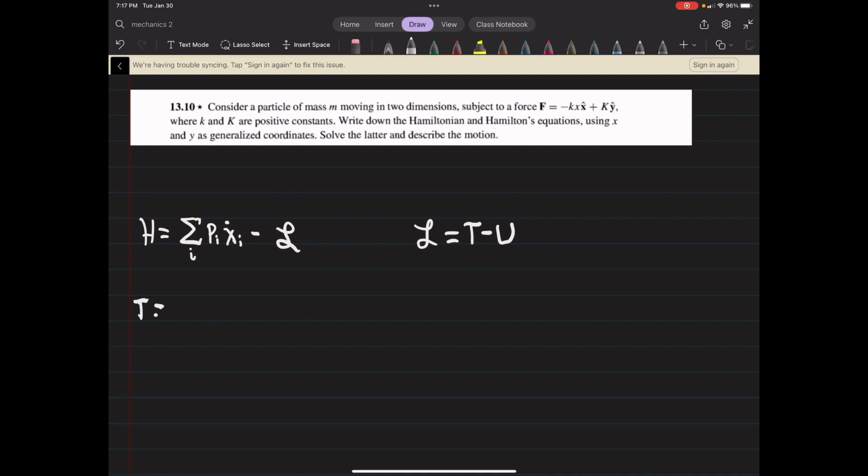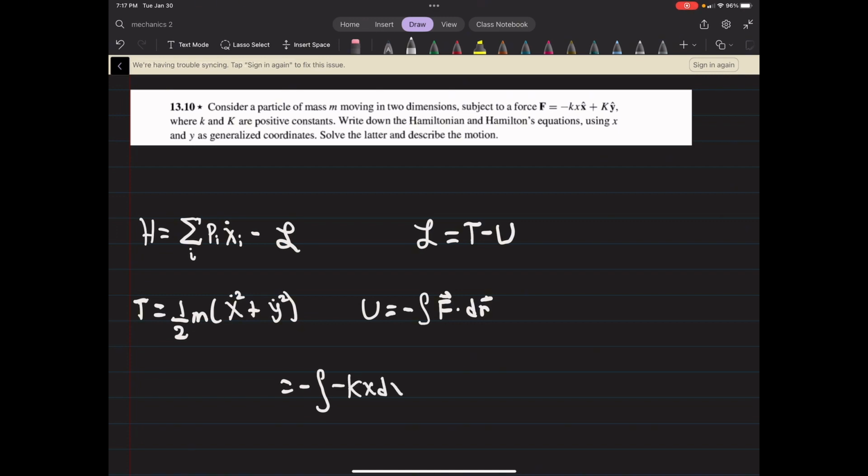So our kinetic energy is just 1/2 m (x dot squared plus y dot squared). And our potential energy is equal to minus the integral of F dot dr. So that'll be minus the integral of minus kx dx, minus the integral of k dy.